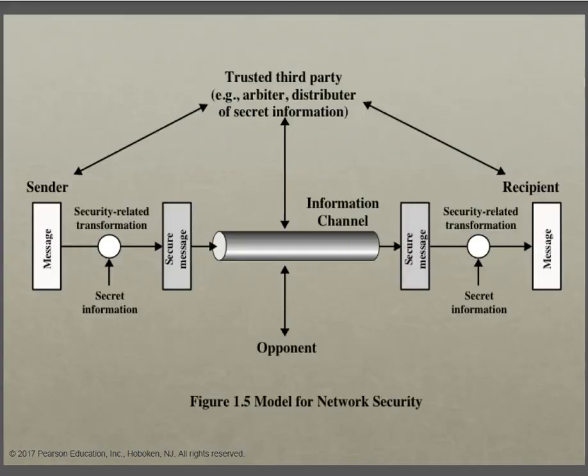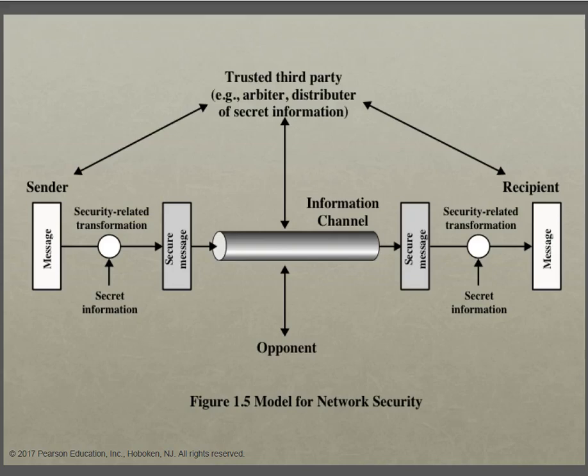Okay. So a model for much of what we will be discussing is captured in very general terms in figure 1.5. That is a model for network security. A message is to be transferred from one party to another across some sort of internet service. The two parties, who are the principals in these transactions, must cooperate for the exchange to take place.